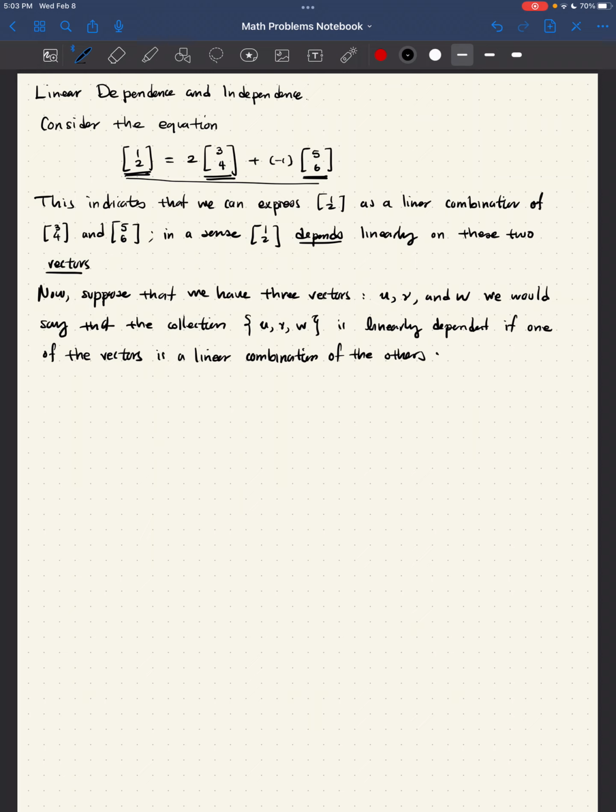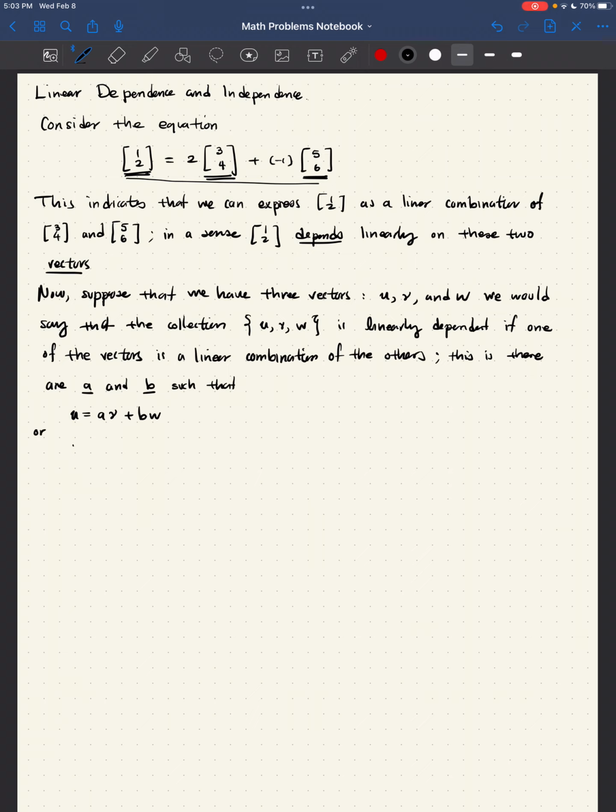This is, there are A and B such that we have U is equal to A V plus B W, of course A and B real numbers, right?